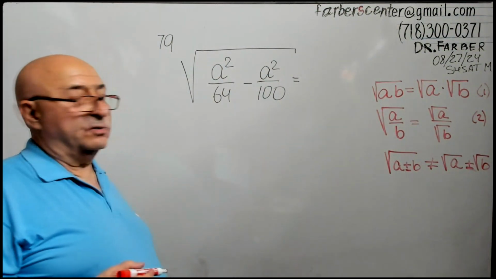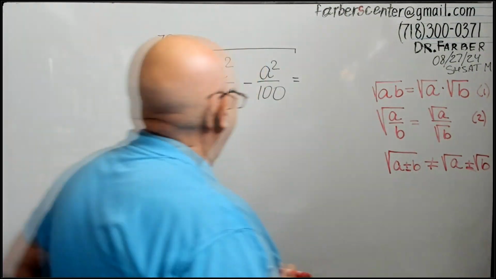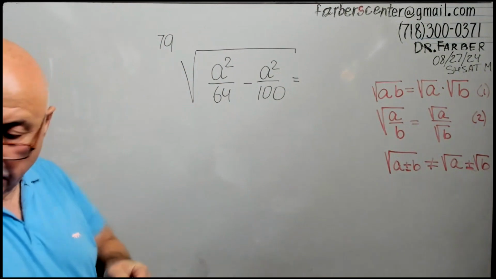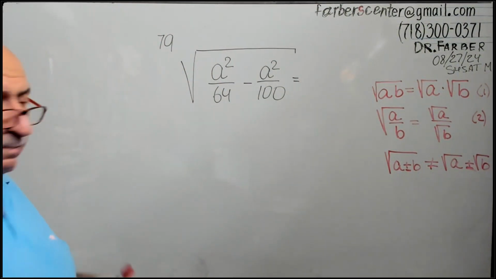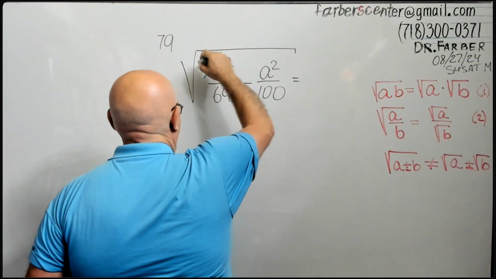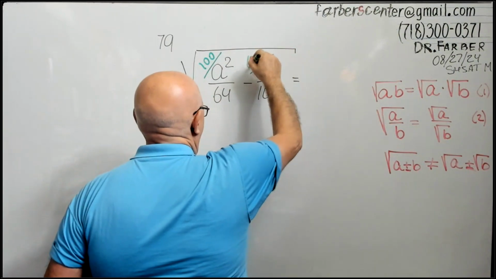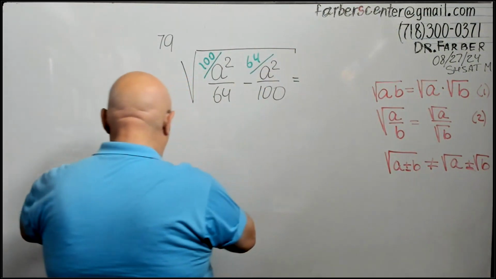They're not equals to each other. And only way you're supposed to do is operate with like terms. I take different color. Operate like terms is possible. This is 100 LCD, and this is 64. So far so good. This is allowed.